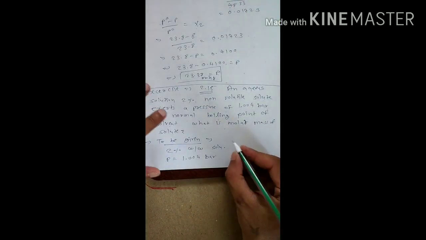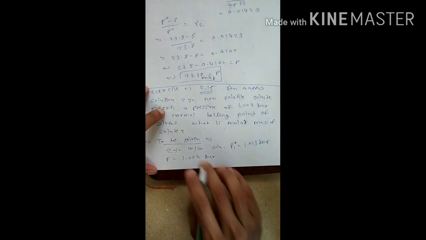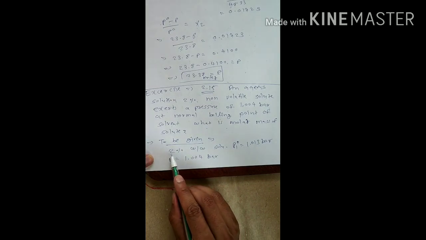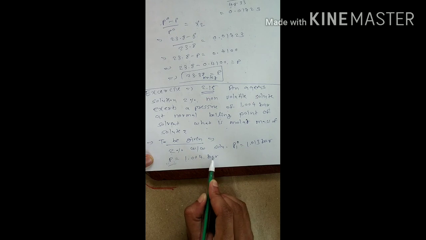So P10 we are going to take as 1.013 bar. What are the values we have here? 2% weight by weight. P, that is the pressure for the solution, 1.004 bar.